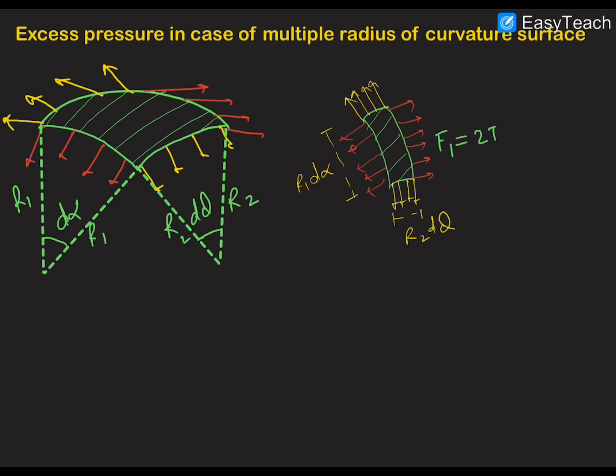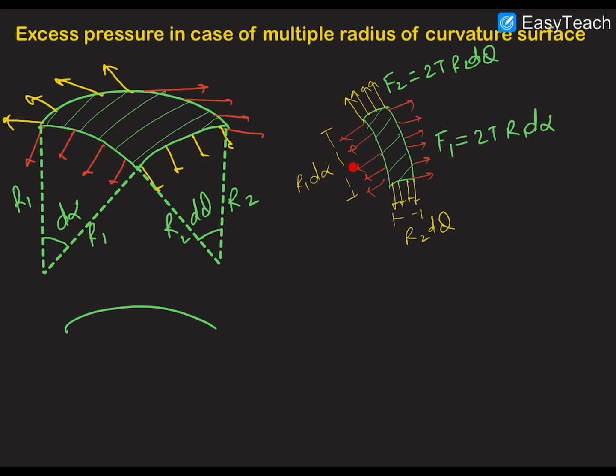So F1 is 2T into the length of this arc, which is R1 d alpha, and F2 is this force, which will be 2T into R2 d theta.